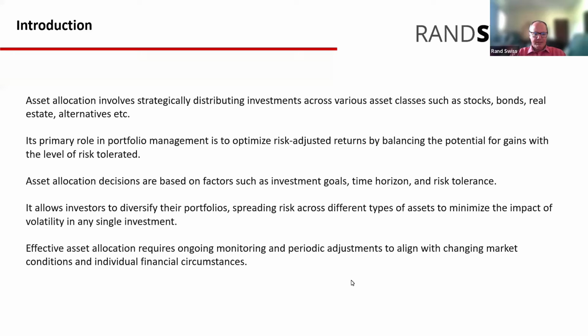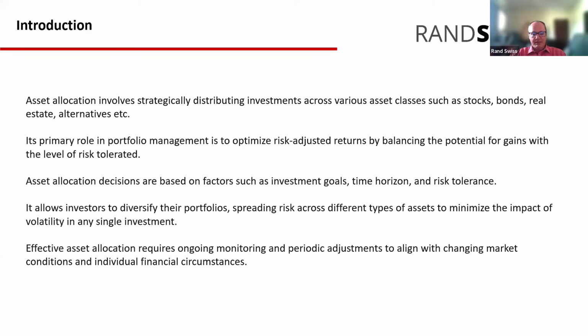And then effective asset allocation requires ongoing monitoring and periodic adjustments to align with changing market conditions and individual financial circumstances. All that sentence means is we need to chat to you not less than once a year. Typically more often, every 6 months, every 3 months, depending on your specific needs.